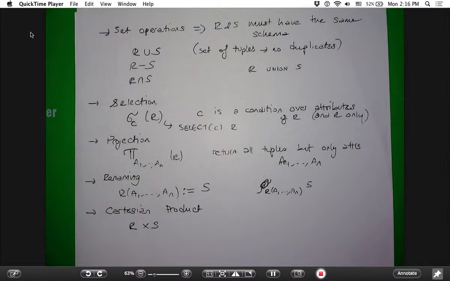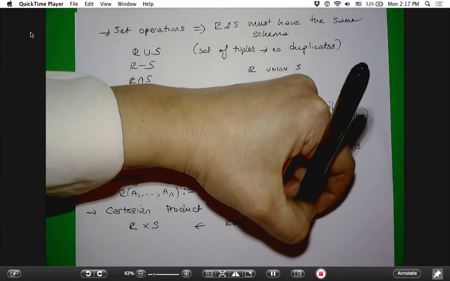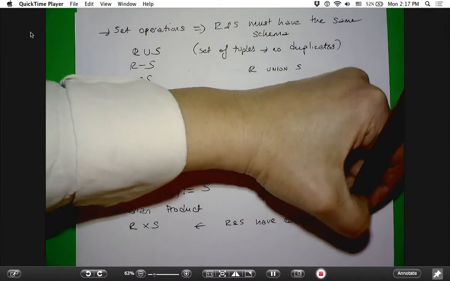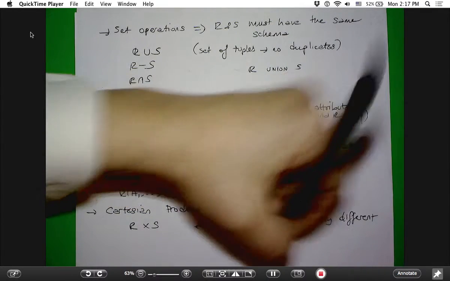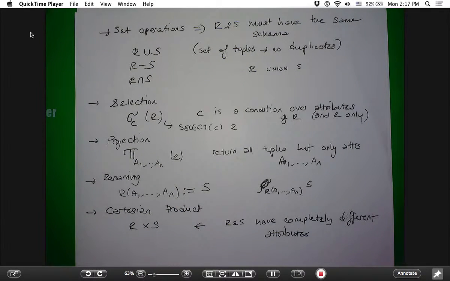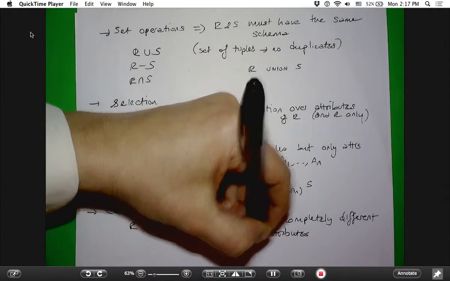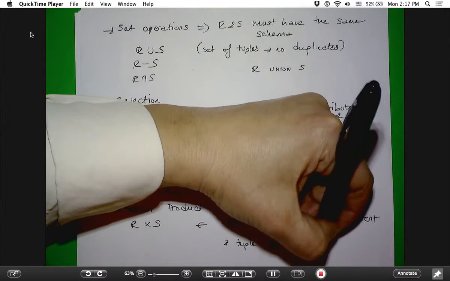So because of that, we want R and S to have completely separate attributes. Rename them if one or two of them are the same name, you have to rename them all. And then you basically get a tuple for every pair of tuples in R and S, right? So this is basically a tuple for all combinations of tuples from R and S.